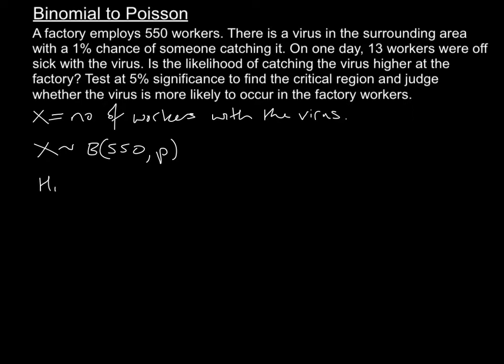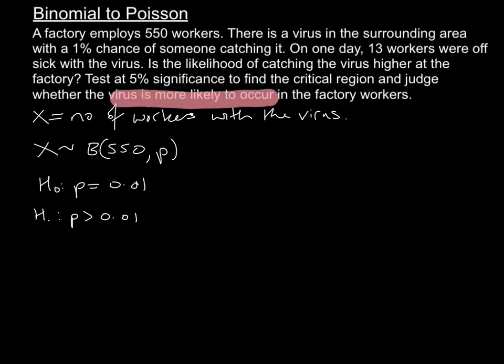Our null hypothesis is that p is 1%, 0.01, and our alternative hypothesis is that the probability is greater than 0.01 because we're being asked to test whether the virus is more likely to occur.